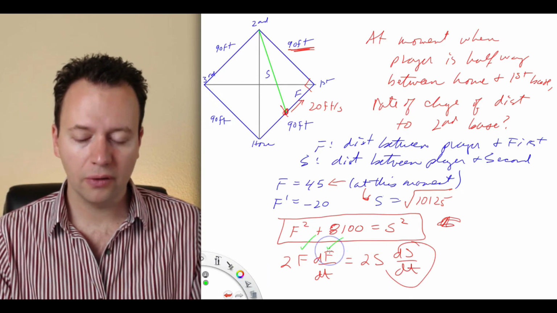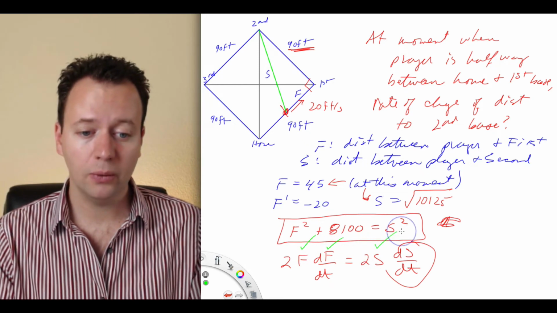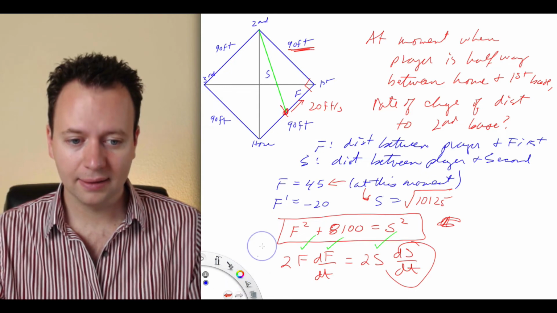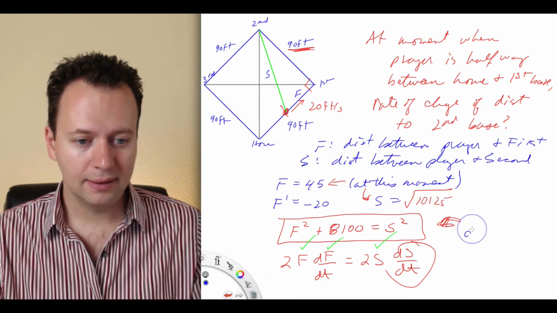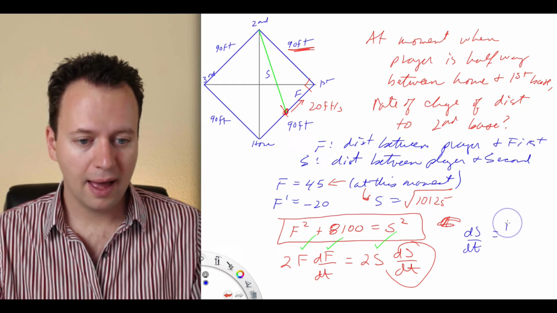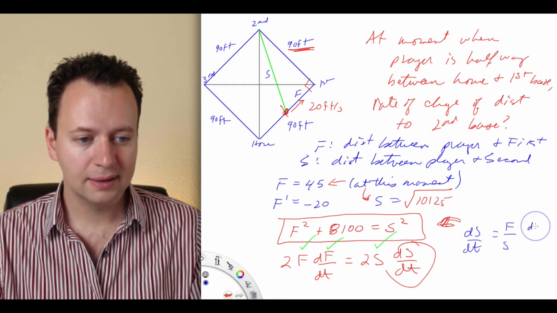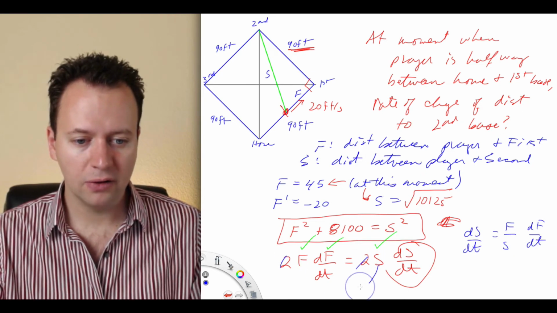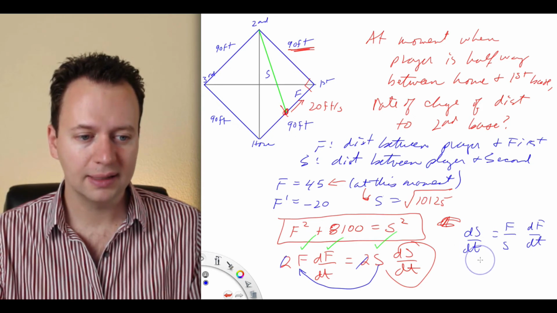We know the current value of F, we know dF/dt, and we know the current value of S. So dS/dt is going to equal F over S times dF/dt. I'm going to cancel out the 2's and then divide through by the S.